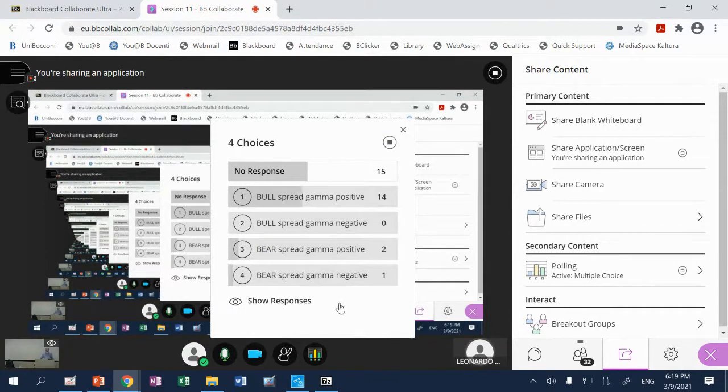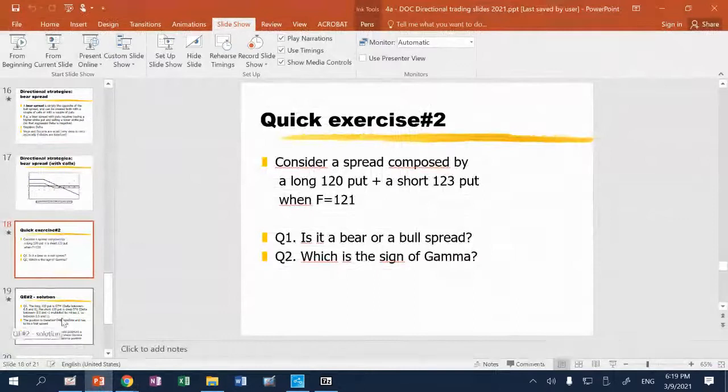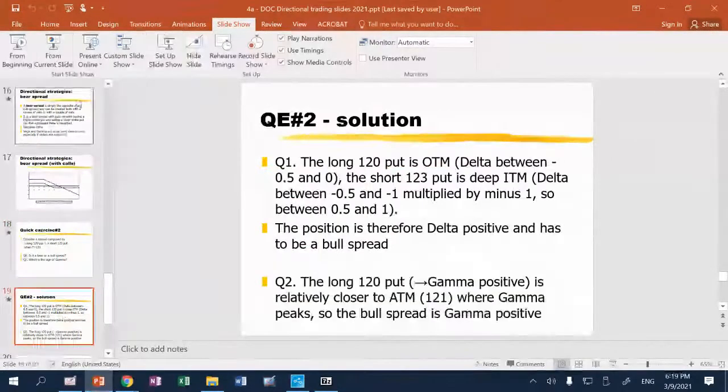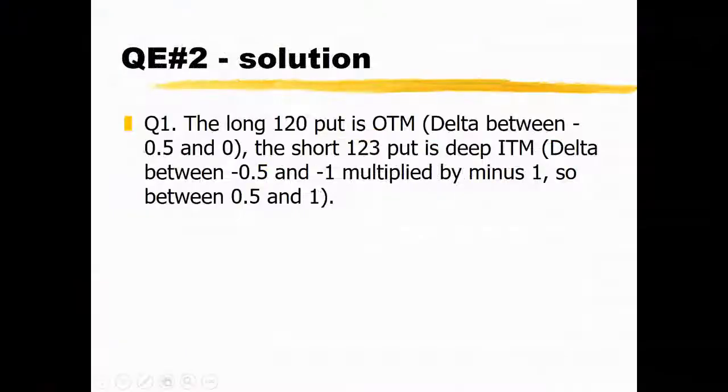Okay, there is some dispersion in answers, which is understandable, and I'm not worried about it. Let us see which is going to be the solution here. First part of the story, is it a bull or a bear spread? In order to understand that, we have to see the long 120 put is out of the money, and this is our delta negative position. So the delta negative is a small negative delta because the put option is out of the money.